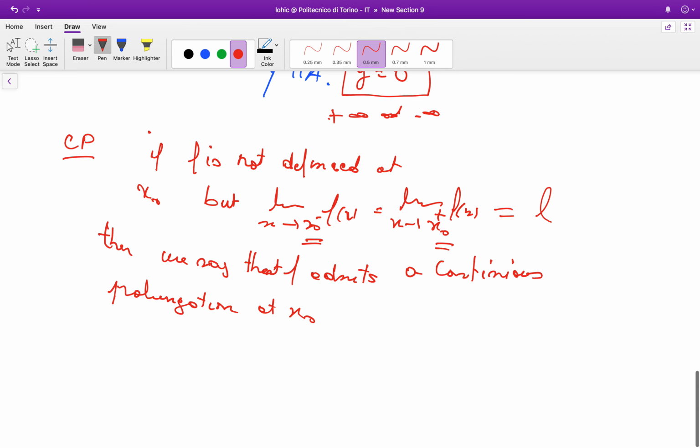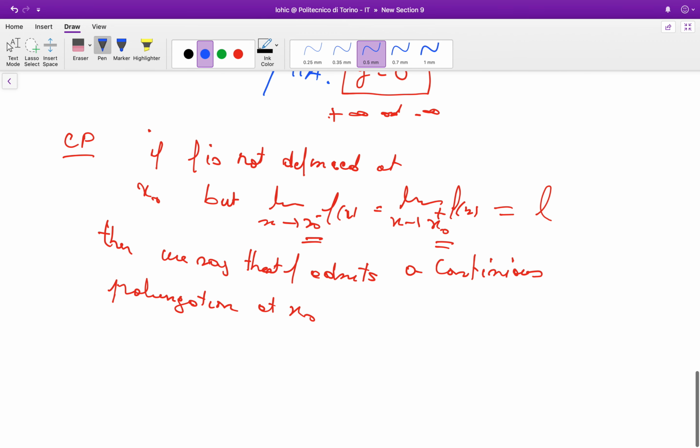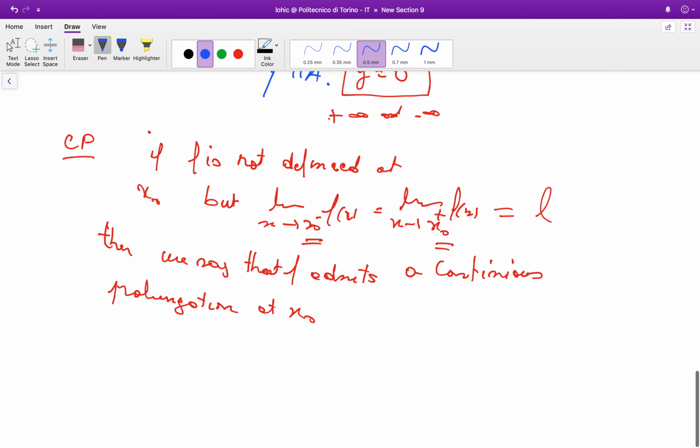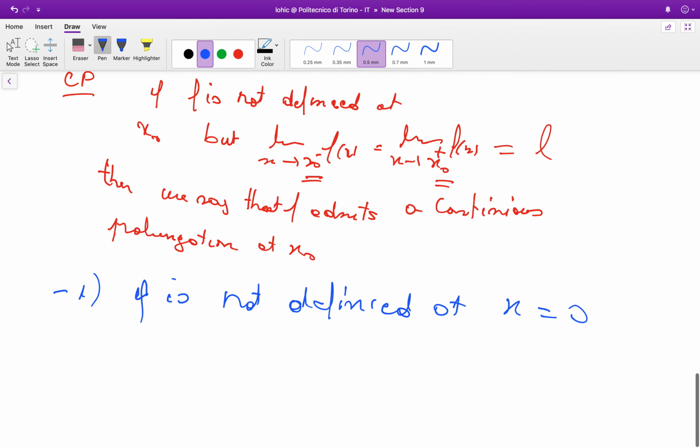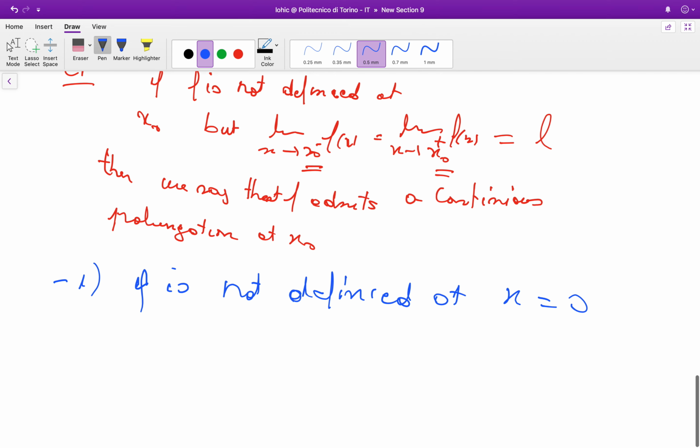The exercise asks us to prove that this function here admits the continued prolongation at 0. Let's check the first condition. Yes, f is not defined at x equal to 0. Yes or no? The function that they gave us is not defined at the point 0.